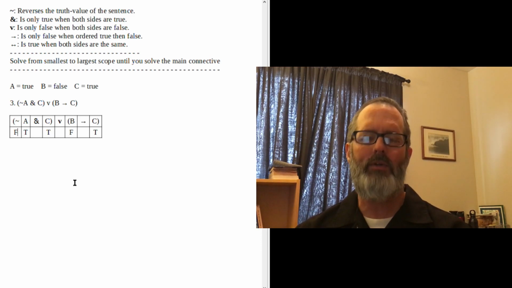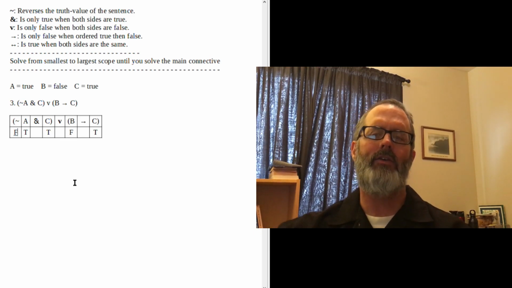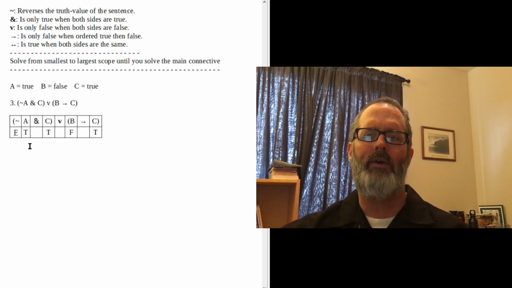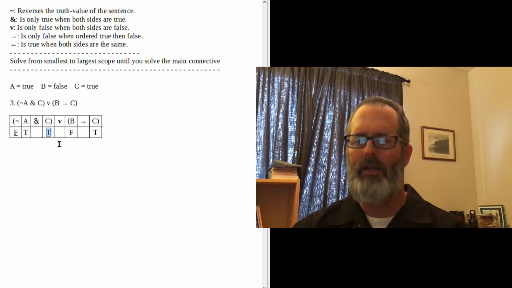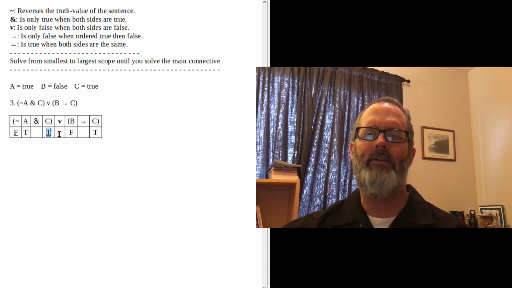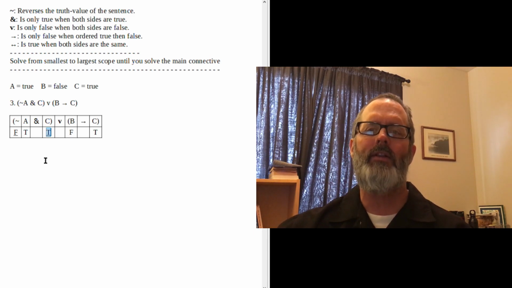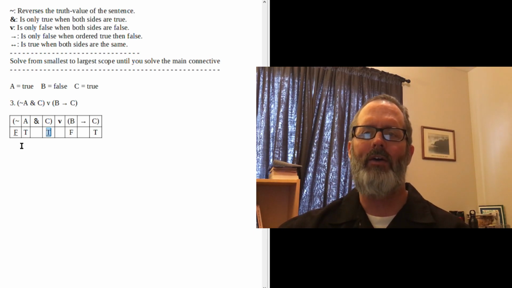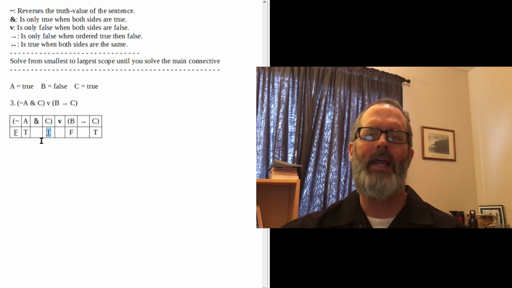If A is true, not A is false. I'll underline to make that stand out, so you're no longer paying attention to the value under A. I can now solve this AND by comparing, in my case, the single underline values. I'm comparing the value false to the value true in terms of AND.